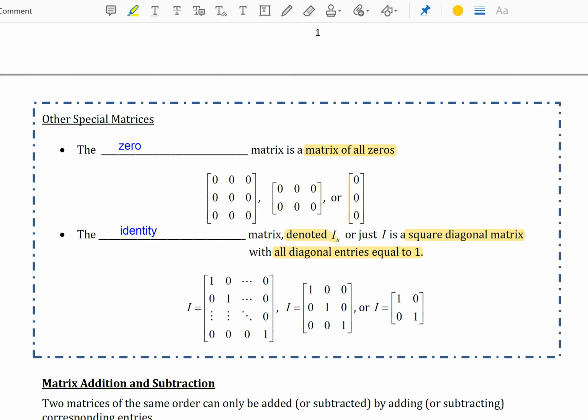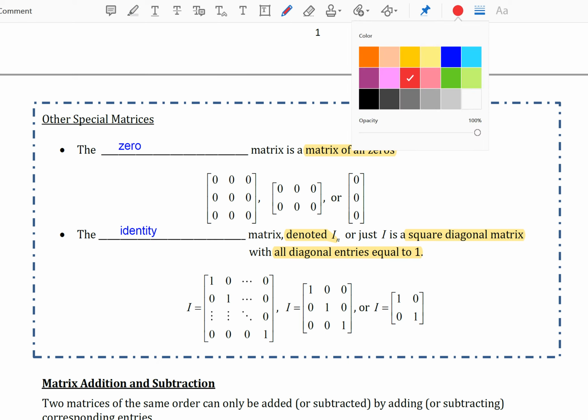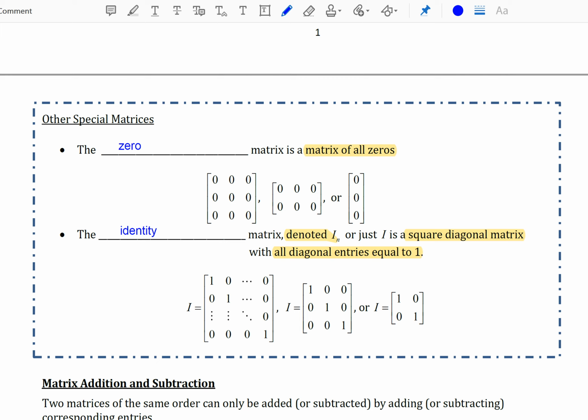Here is an example of 3 different identity matrices. Maybe starting at the end, we could call this I2 to say that it's a 2 by 2 identity matrix, but commonly we just call it I, and we recognize the order is 2 by 2.